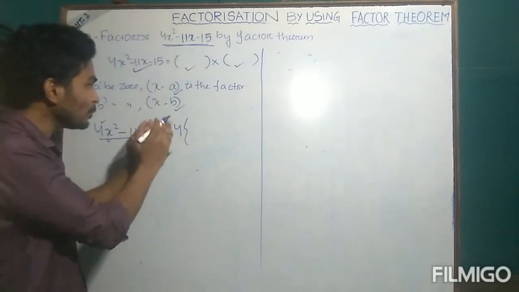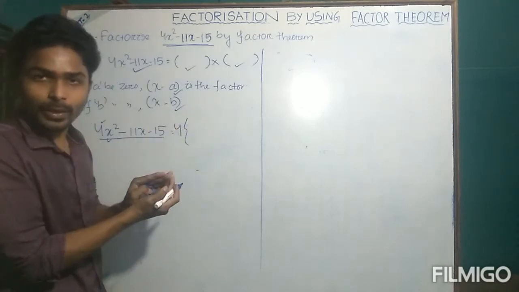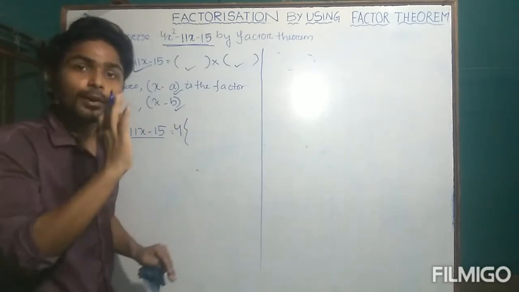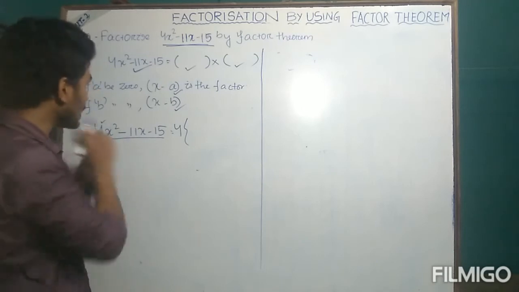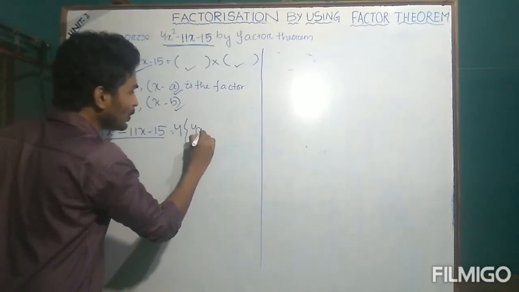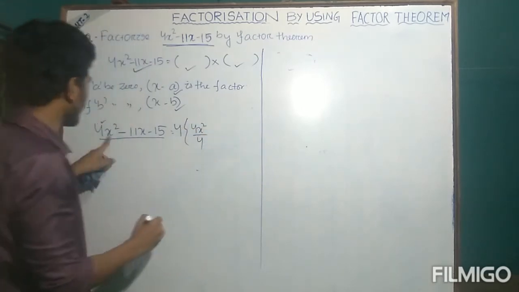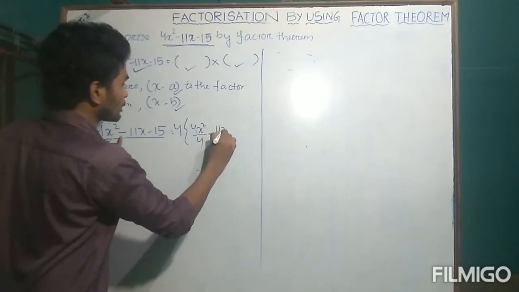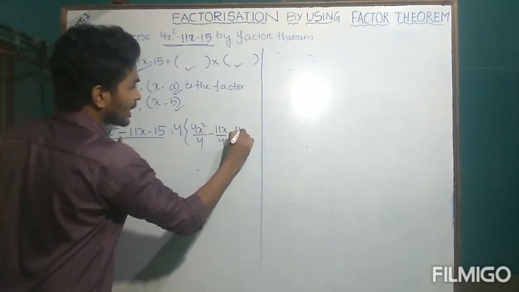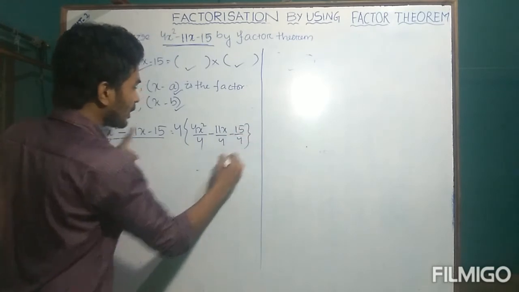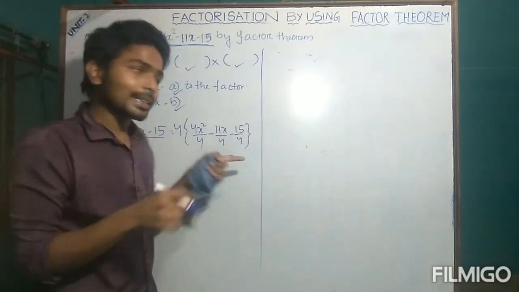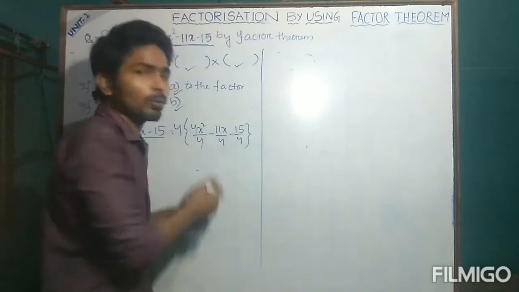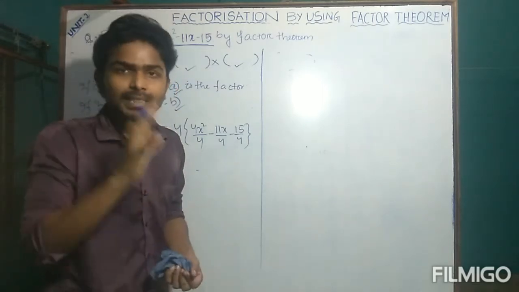If we take 4 as a common factor from the numerator of all the terms, then what will happen? Then you have to divide each term by 4. Since 4 is taken as common from the numerator, we divide by 4 in the denominator of each term.